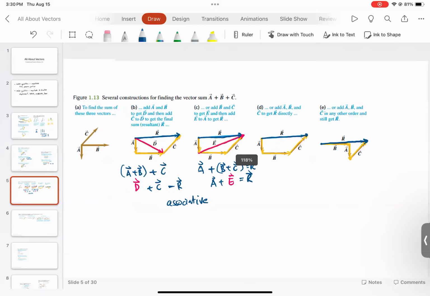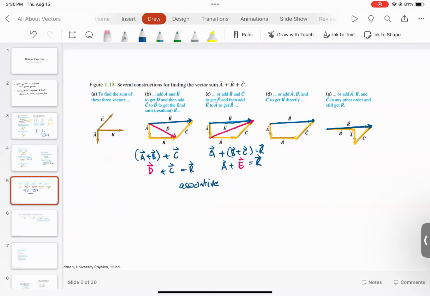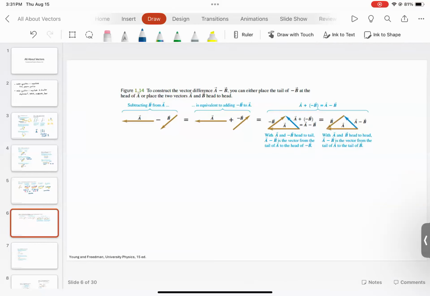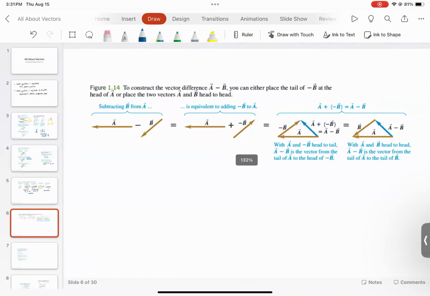And in all cases, vector R is the same. So, using the associative and commutative properties of vectors.